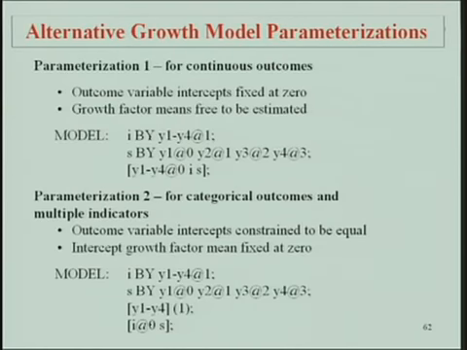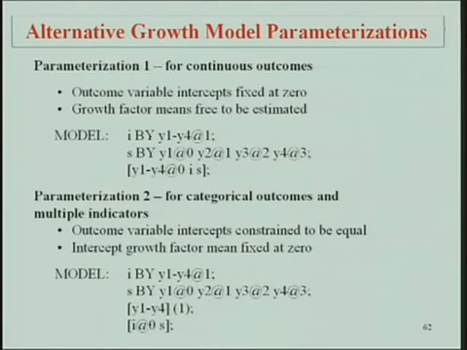Those factor loadings are fixed at 0 for the first time point, fixed at 1 for the second, 2, and 3. That's the linear growth model that we talked about a few slides ago. So just saying that we have equidistant time scores, all fixed. We center at the first time point, setting the first time score to 0, so we would leave out that path in the picture. That's parameterization 1. We'll show you an easier way to show that in a second.